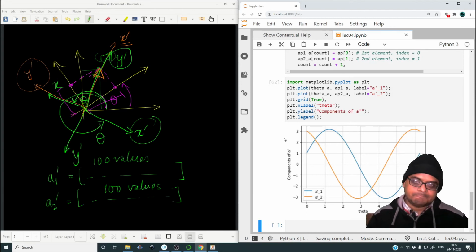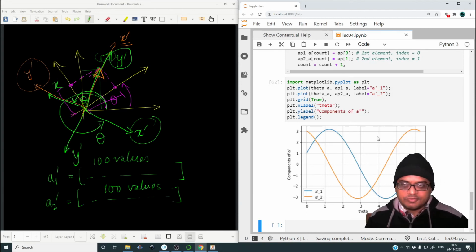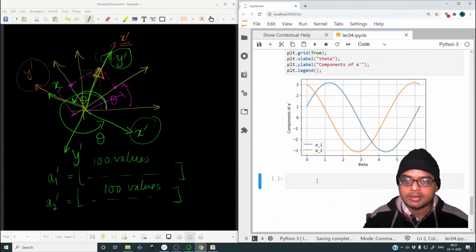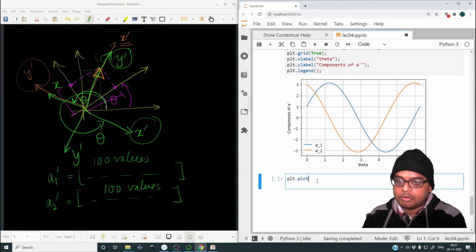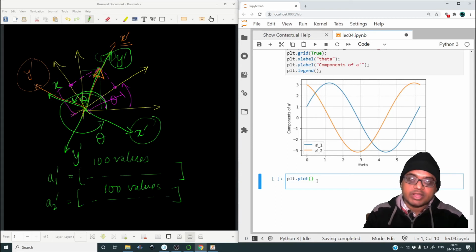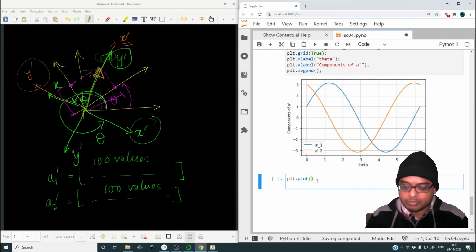So this is how you can do that. In fact, let us draw a phase plot of a prime, meaning plt dot plot. We will plot how a1 prime and a2 prime vary simultaneously. It's like a parametric plot. So theta is like the parameter, but I want to plot a2 prime versus a1 prime.